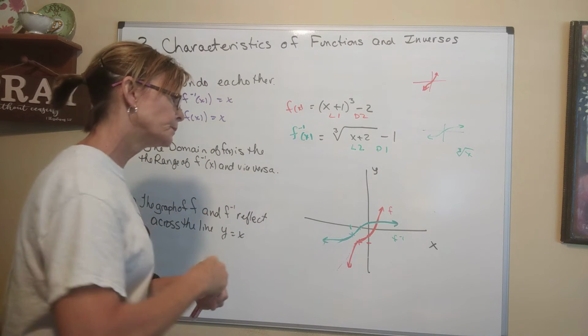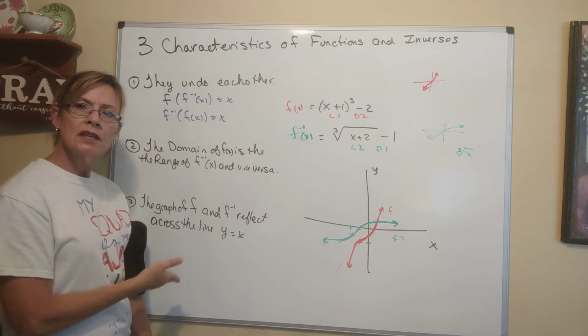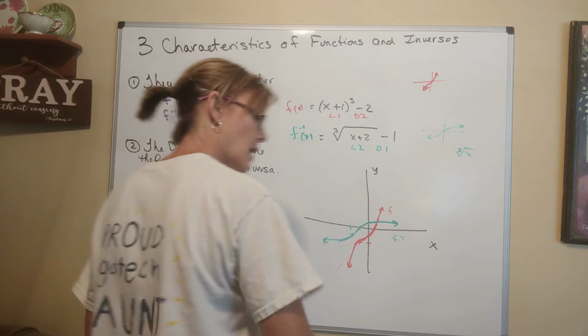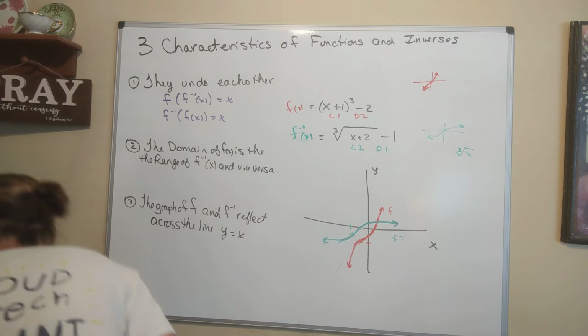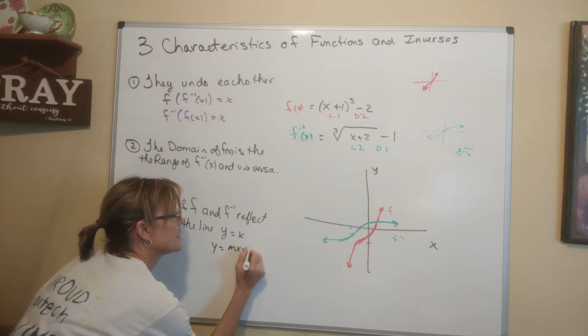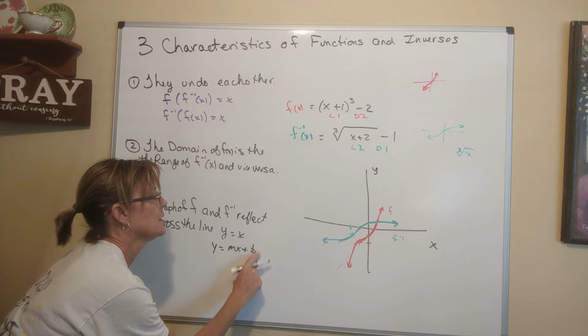Okay, now, then we have this statement here that a graph and its inverse will reflect across the line y equals x. So let's have a look at that. The line y equals x, if I write this, y equals mx plus b. This is slope-intercept form, so I see the y-intercept here is 0.